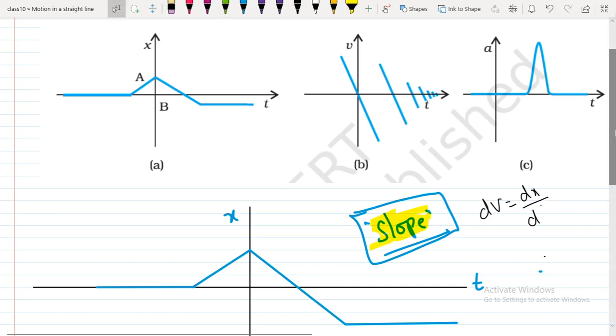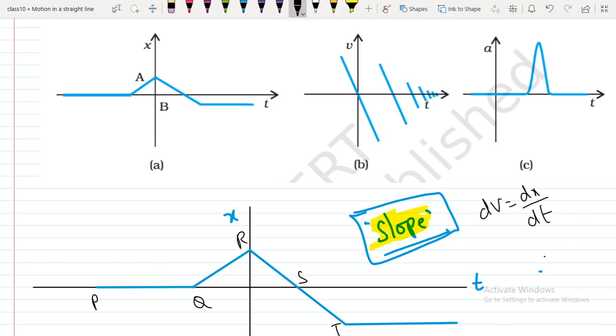If we understand velocity, then we can at least describe the motion of the object. Now we can divide this into segments P, Q, R, S, T and K.